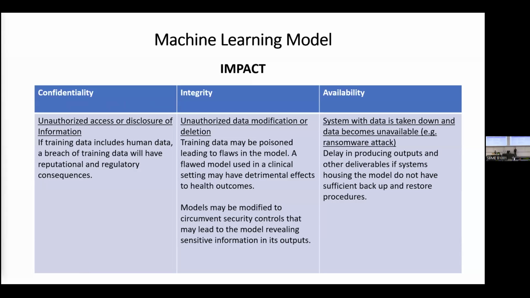Confidentiality-wise, it's similar to the synthetic data, perhaps, but it could be related if you're actually training a model on personal information. Then you have a confidentiality risk associated with that model itself. Is the model going to leak anything? Has the training been really good, and you can actually get information out that you don't want to? So that's a potential confidentiality issue. Integrity-wise, there's a couple of different things. People can poison your model.